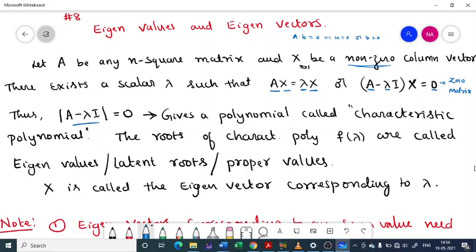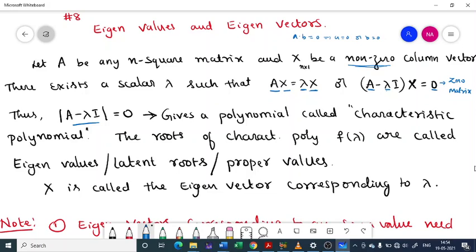Now expanding this, we get a polynomial of degree n. What is n? That is the order of A. Whatever the order of A, a polynomial of that degree will be obtained here. And what does A minus lambda I represent?